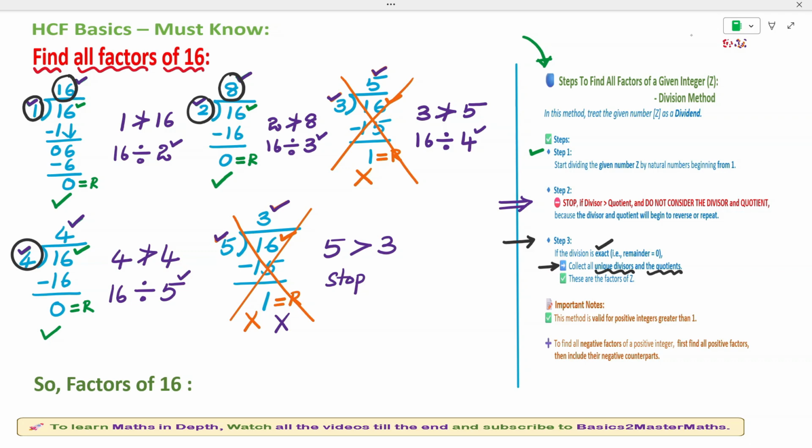So, factors of 16 are 1, 2, 4, 8 and 16.